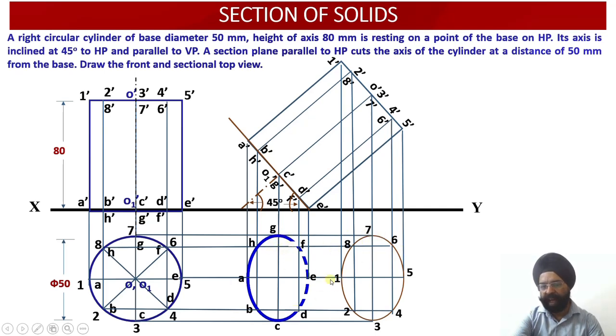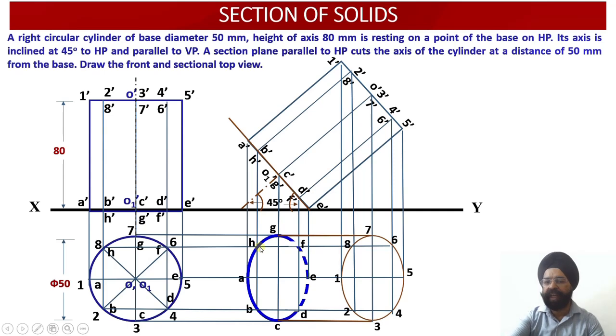You see 1A is already joining, 2B is already joining, 3C is joining by default, right? So I have joined the boundaries over here. Then 4D is also joining, 5E is also joining. These are all artificial generators. 6F is already joining, 7G I have just joined, and then 8H is already joining.